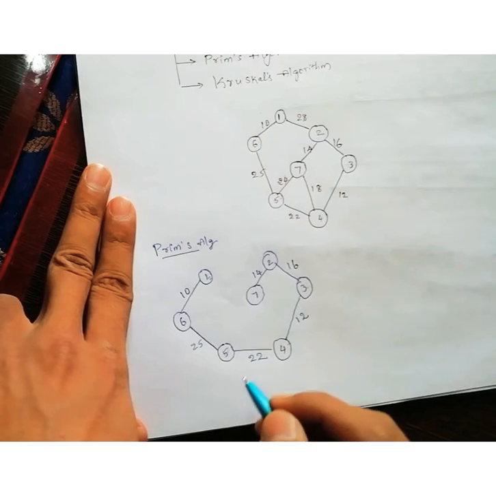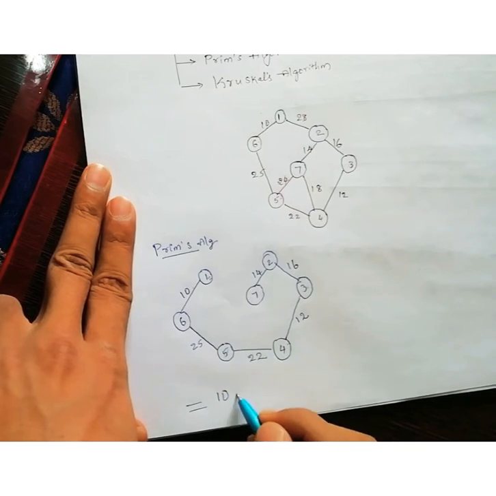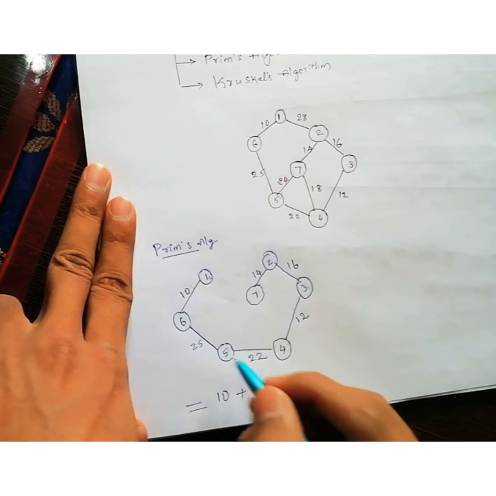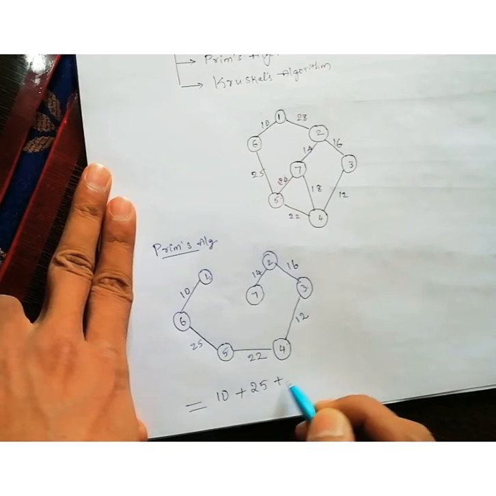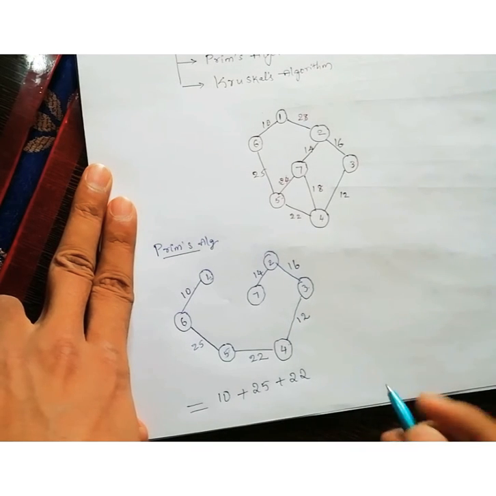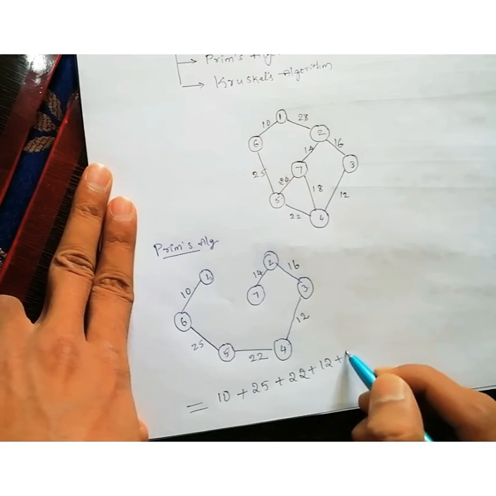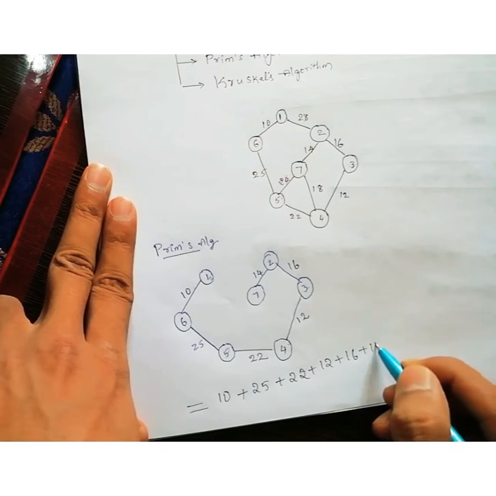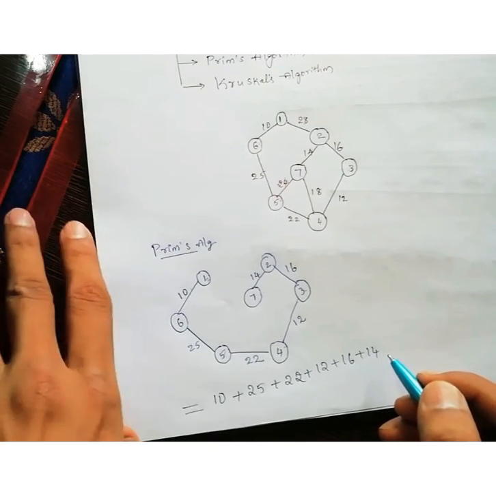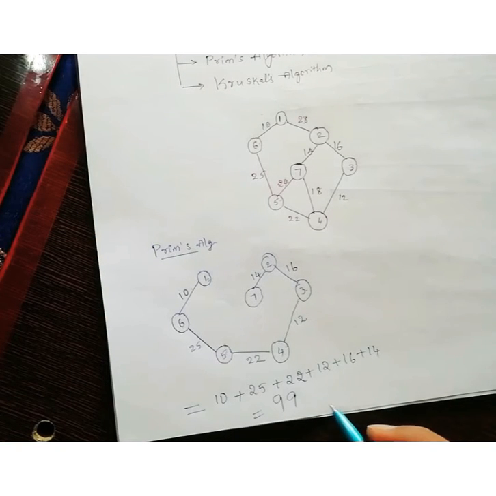I mean with this spanning tree now. So total cost: 10 plus 25 plus 22 plus 12 plus 16 plus 14. How much will you get finally? Total cost you will get 99.